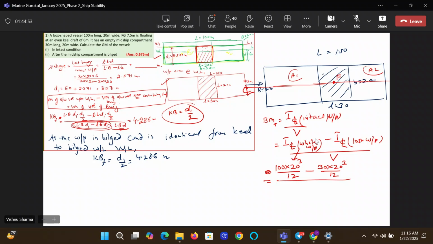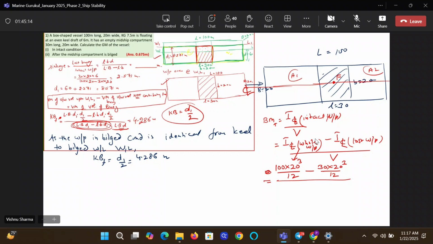Somebody is saying this, somebody is saying that. Underwater volume. The last answer was beautiful: volume of the intact water plane. How can a water plane area have volume here? If you speak like this, you'll have a tough time in orals. No, I never said it is underwater volume.